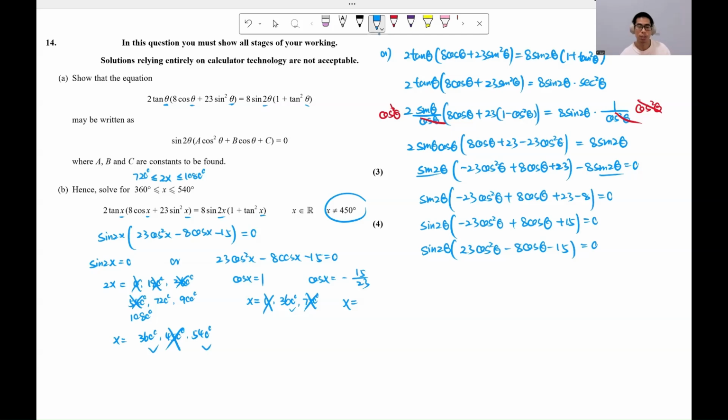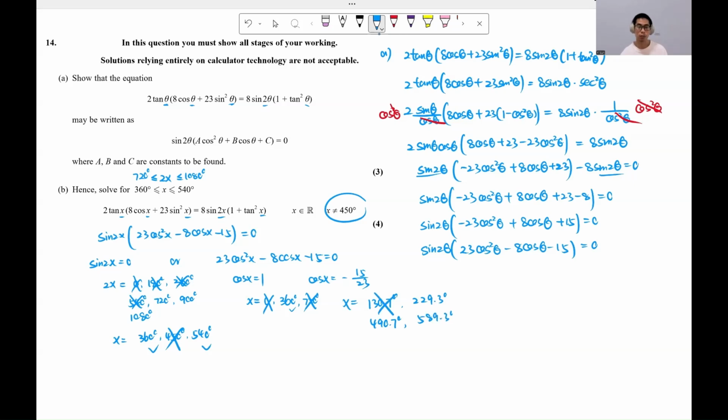For the second one, cos inverse of -15 over 23 gives 130.7. The other solution would be 360 minus that, which is 229.3. Then plus 360 for both of them: 130.7 plus 360 is 490.7, and 229.3 plus 360 is 589.3.